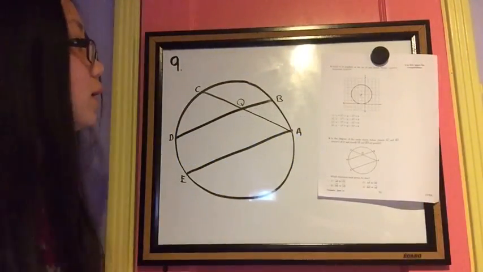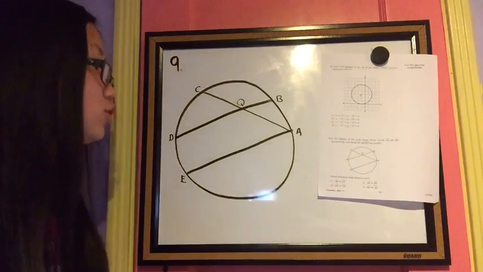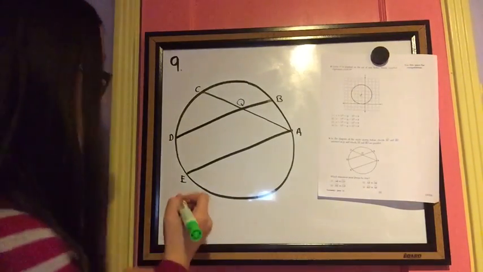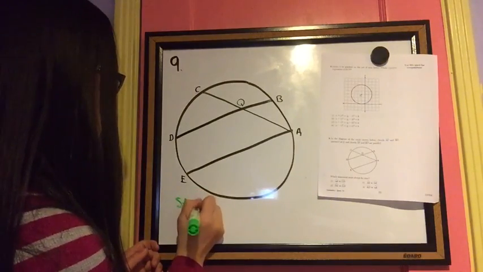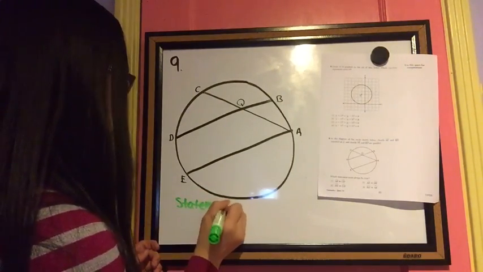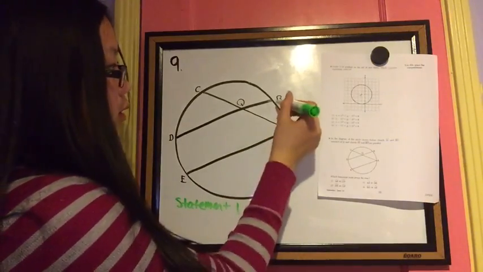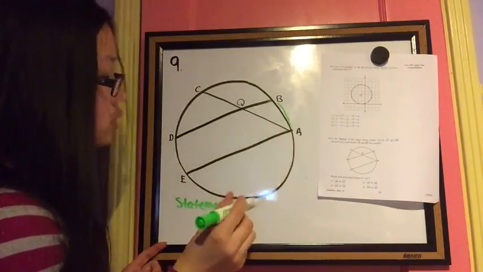In question number 9, it asks which statement is true. The first statement states that AB is equal to CD.